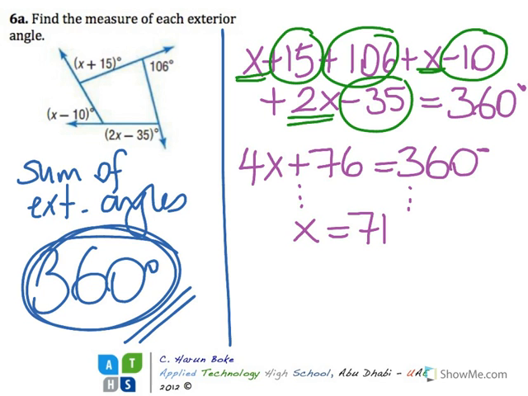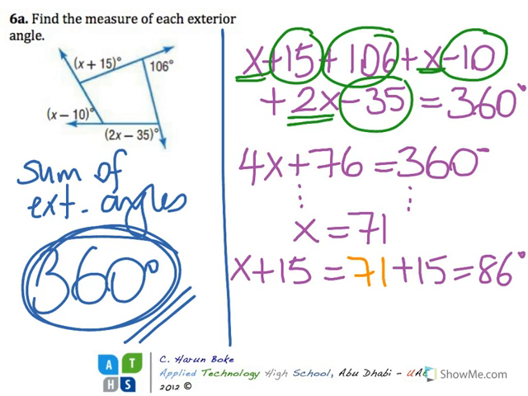So x plus 15 is actually 71 plus 15, which gives you 86 degrees. On the other hand, x minus 10 is just 71 minus 10, which gives you 61 degrees.